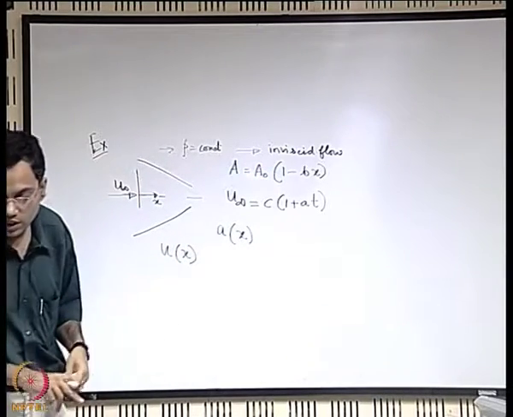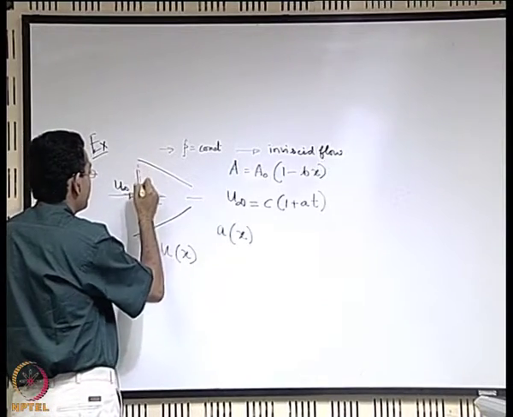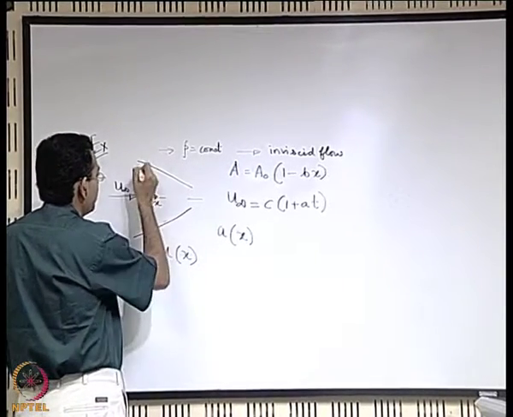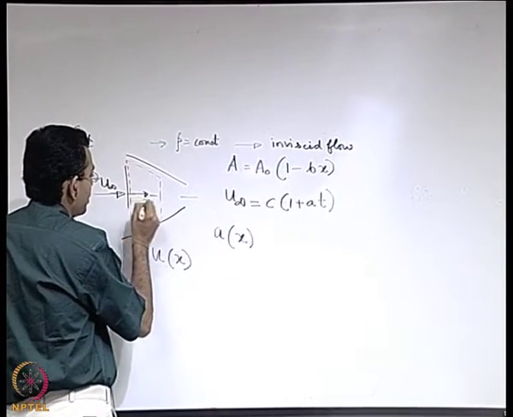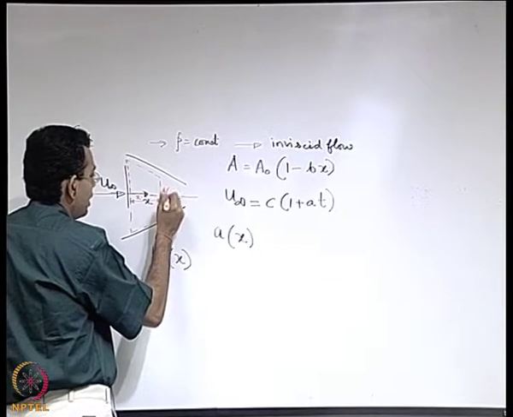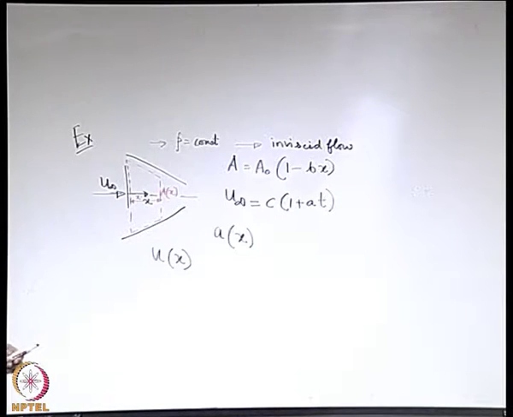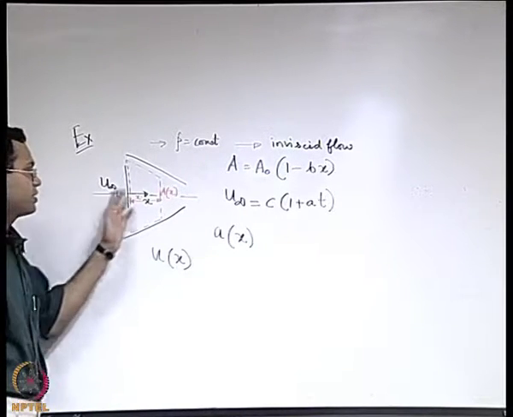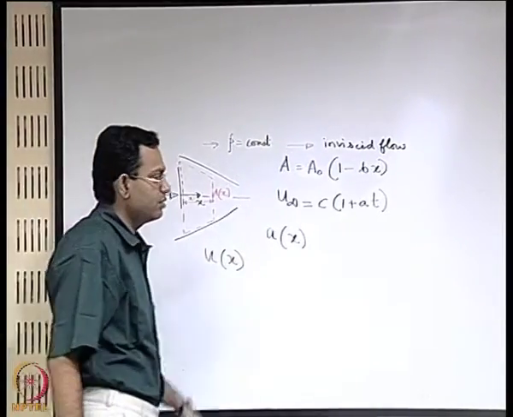So, if you take a control volume like this one, maybe, where say this distance is x. So, here the area A is a function of x, and how do you express u infinity in terms of u at x?